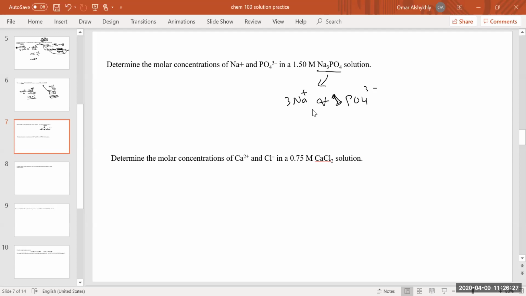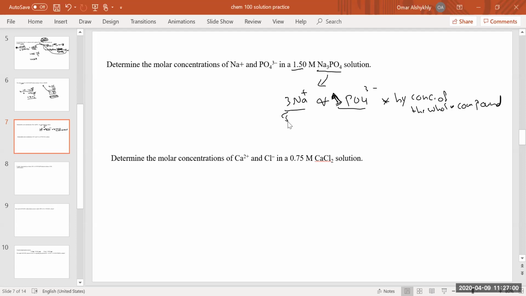Simply, what you're going to do, the number of each ion, you will multiply it by the concentration of the whole compound, which is 1.5.